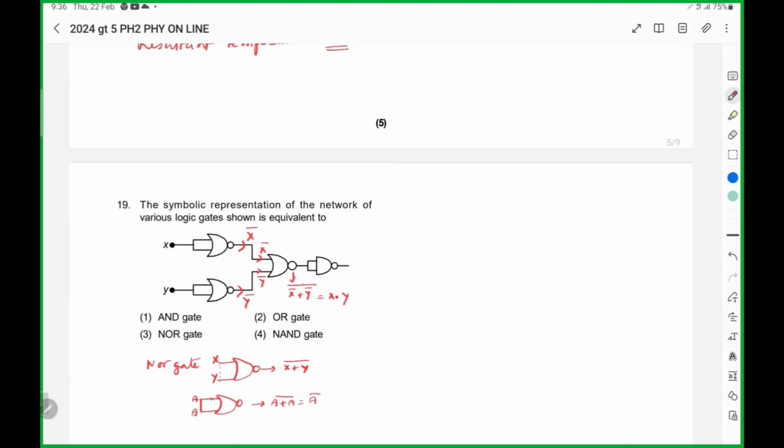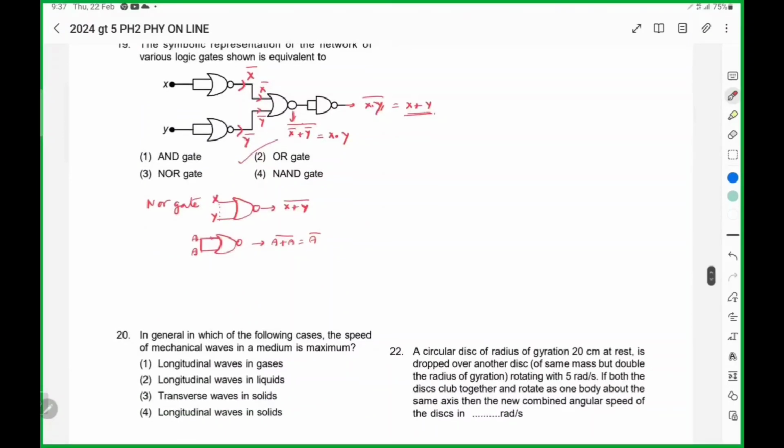Again, that is sent along the NAND gate, right? So here the output will be x dot y negation. That is finally x plus y. It works like an OR gate.